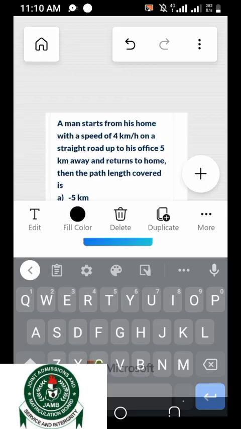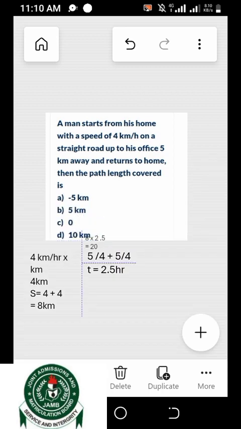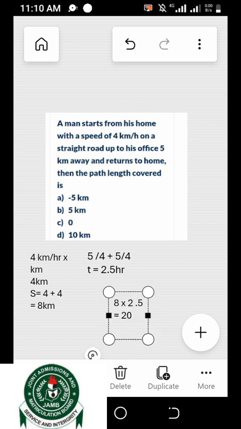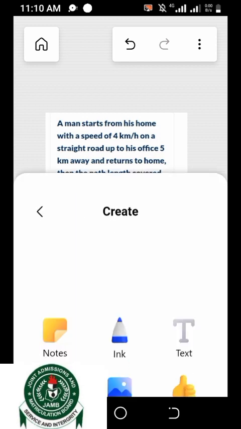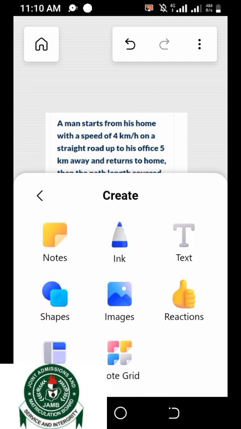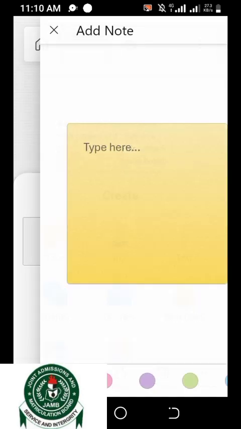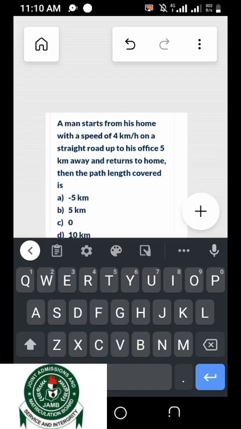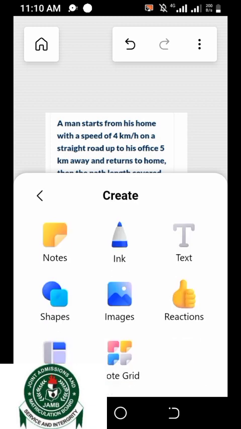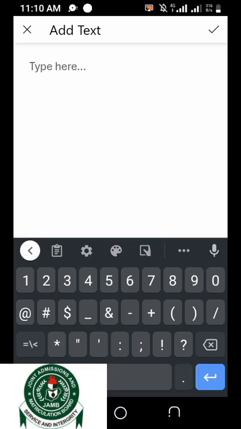So if this is equals to 20, and they're asking for the part covered, now they're asking for one part. So 20 divided by 2 is 10. Right? So our answer is 10.